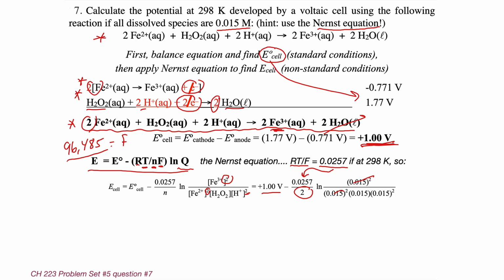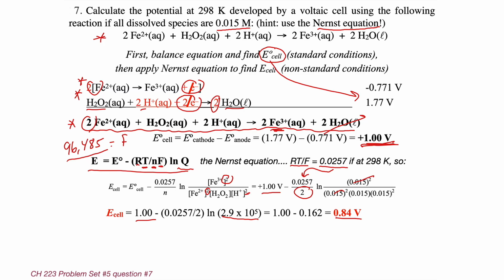It's kind of funky, but it's all stuff you can totally conquer. For Q, I had 1 over 0.015 to the 3rd power, which is 2.9 times 10 to the 5th. So E naught, 1.00 minus 0.0257 divided by 2, natural log of Q, gives 0.84 volts.